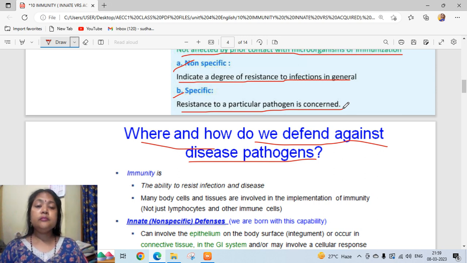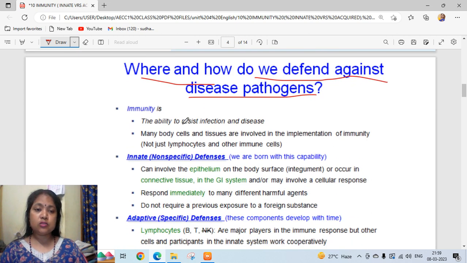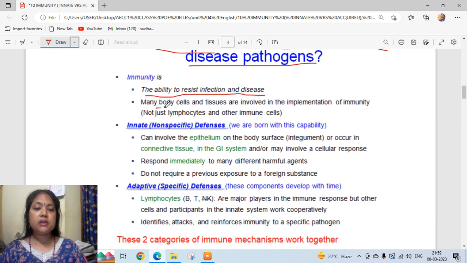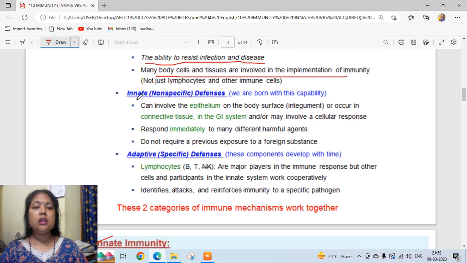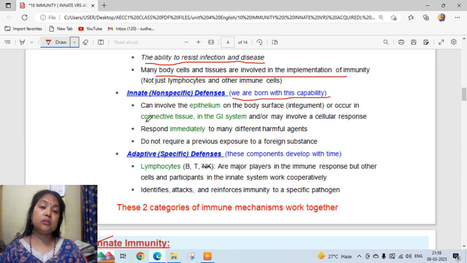Then where and how do we defend against disease pathogens? As till now we know, immunity is nothing but the ability to resist infection and disease, and many body cells and tissues are involved in the implementation of immunity, isn't it? Then innate non-specific defenses: we are born with this capability, meaning by birth we have this defense mechanism, known as innate immunity.